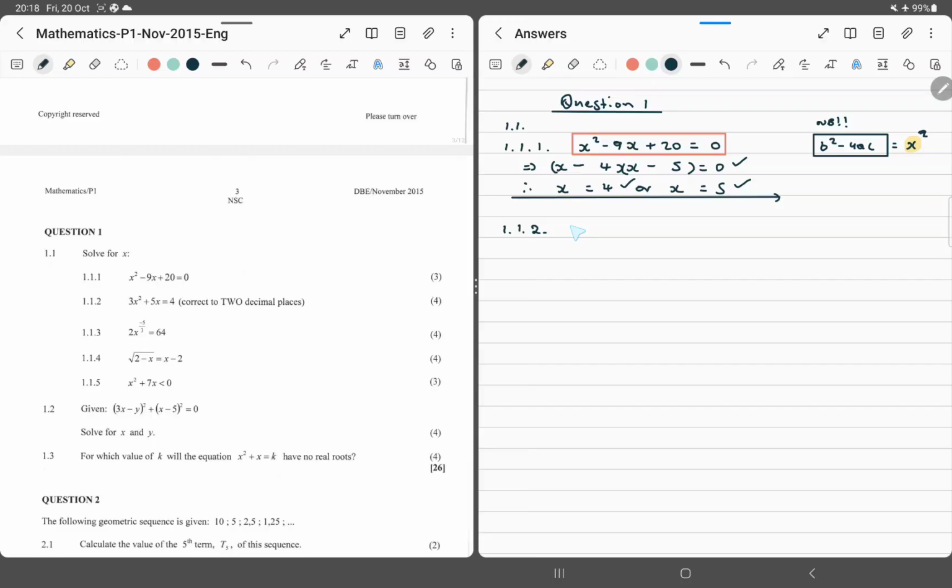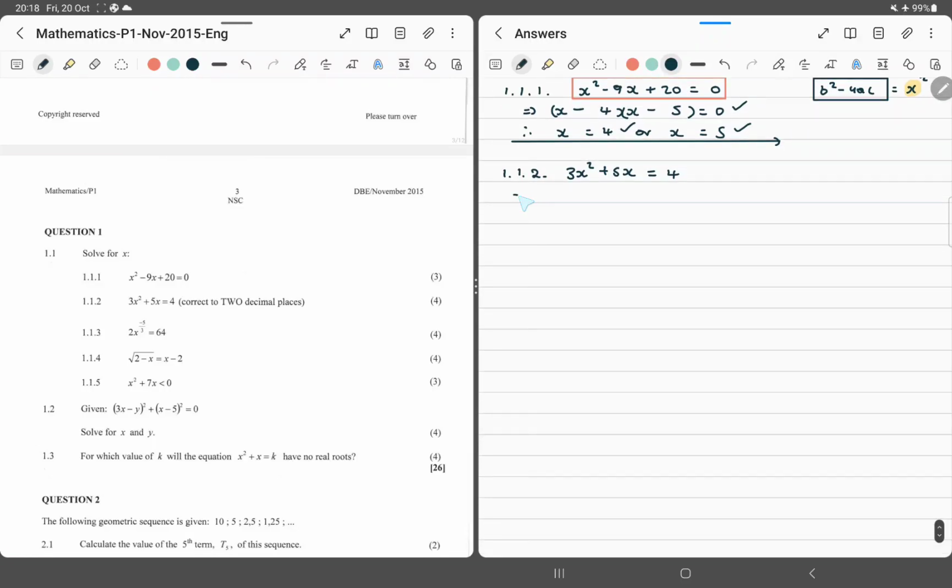1.1.2. We are given 3x squared plus 5x equals 4. This is a quadratic, so we need to put it in standard format before we can do anything with it. We transpose the 4. Now that is in standard format: a is the coefficient of x squared, 5 is the b value, and minus 4 is the c value.